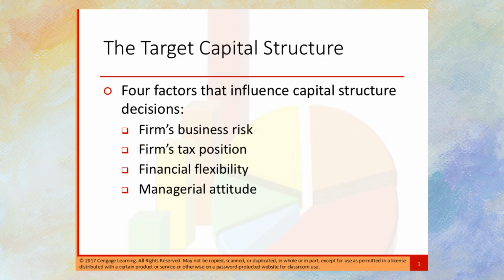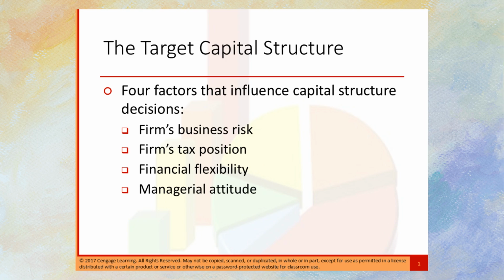Four factors influence capital structure decisions. First, business risk. This is the volatility of a firm's earnings before any debt is considered. Second, tax position. Firms with higher taxable income may benefit more from the tax shield aspect of debt financing.